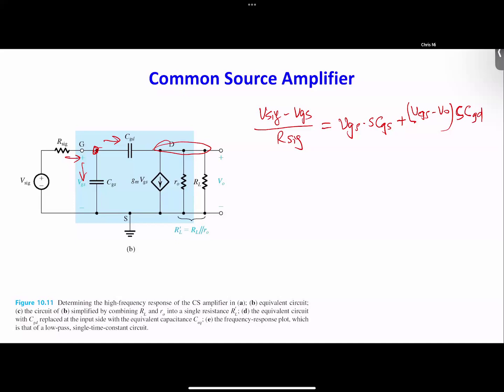So that's the first equation we write on the left hand: 3 currents, 1 current coming in, 2 currents going out. And then next, we need to write the equation on the right hand.